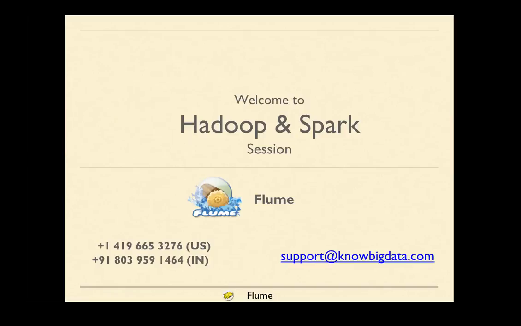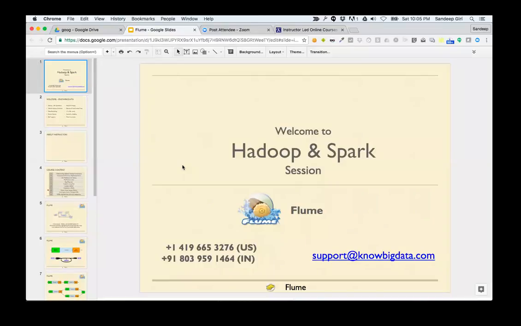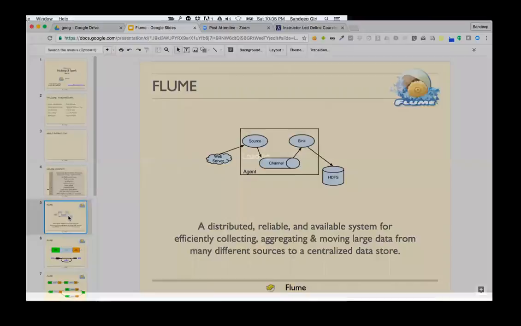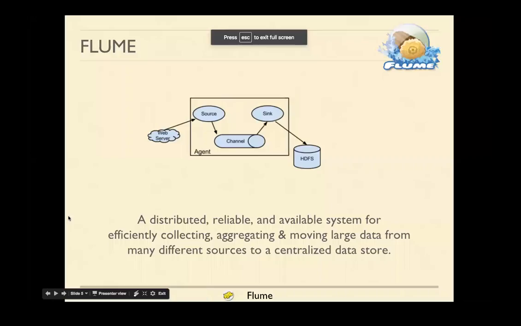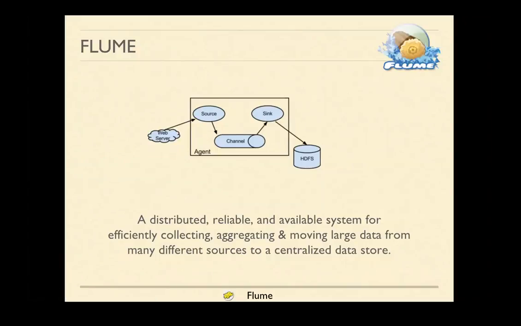That's exactly the case Flume caters to. Flume basically is a distributed, reliable, and available system for efficiently collecting, aggregating, and moving large data from many different sources to a central data store.